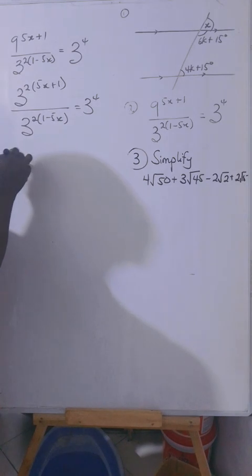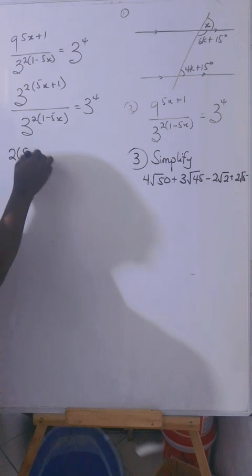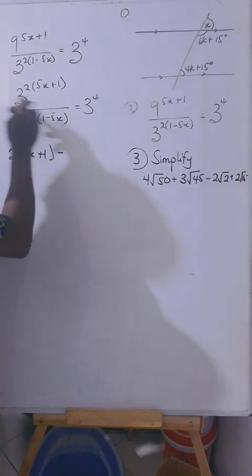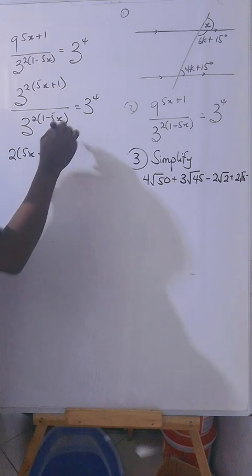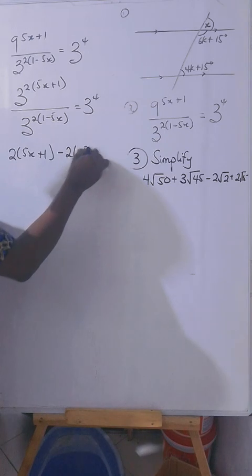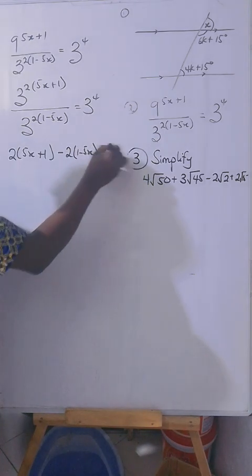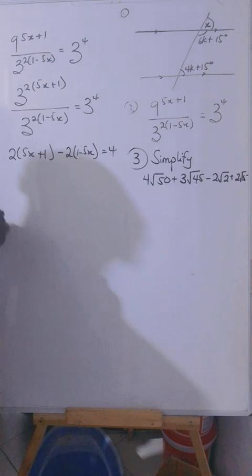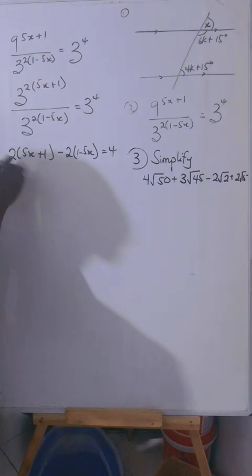You have 2, bracket open, 5x plus 1, minus, coming from this division. Then you have 2 times 1 minus 5x equals 4. Right. So from here you have this to be 10x.